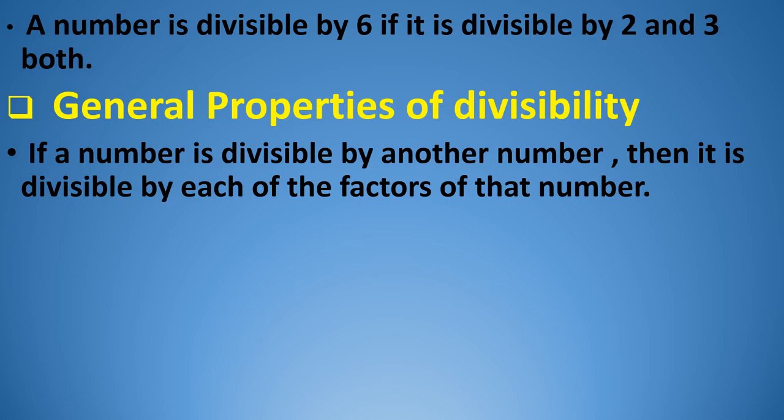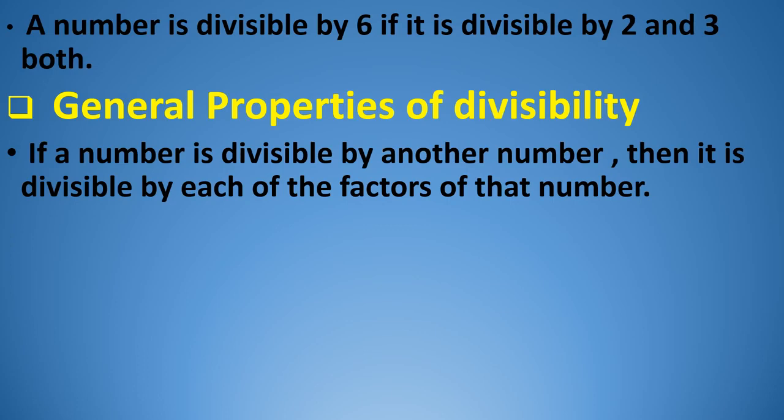Then this 24 is divisible by each factor of 6 also. Clear? If a number is divisible by one number, then it is divisible by each of the factors of that number, means all the factors of 6 also.